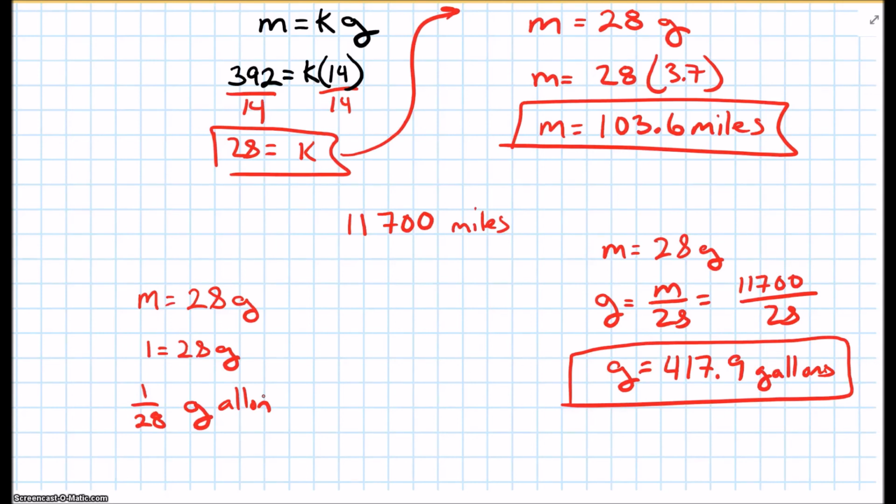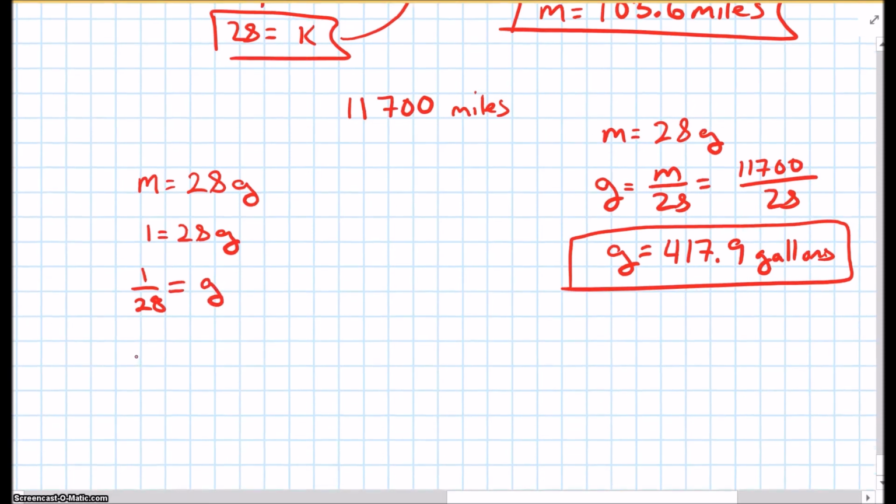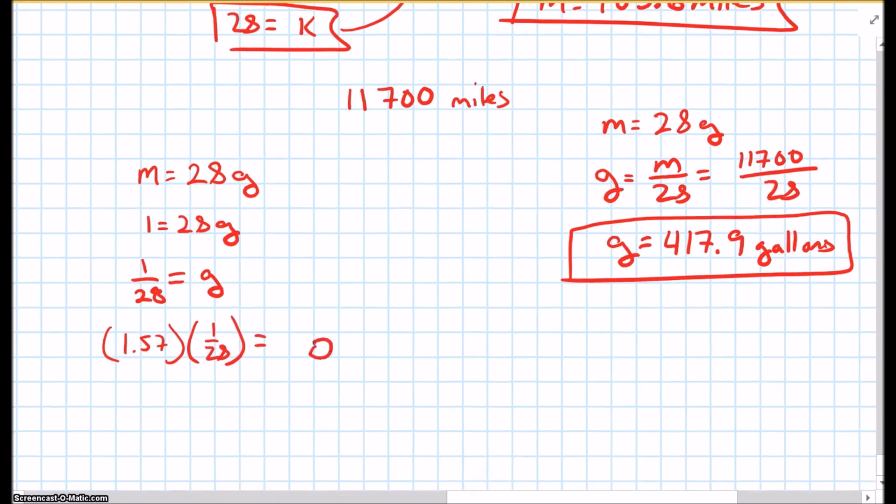Okay. 1 divided by 28 equals, times it by $1.57. So 1 gallon is 1 over 28. So you're going to say, what's the cost of that 1 gallon? $1.57 times 1 over 28, and you're going to get it costs $0.056 a mile.